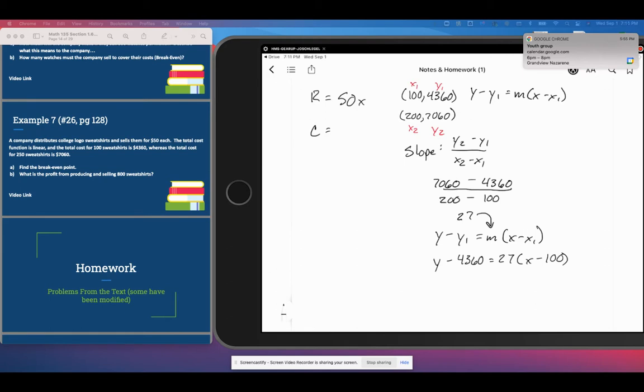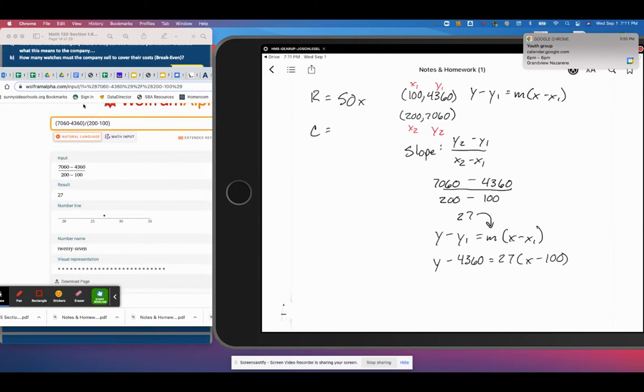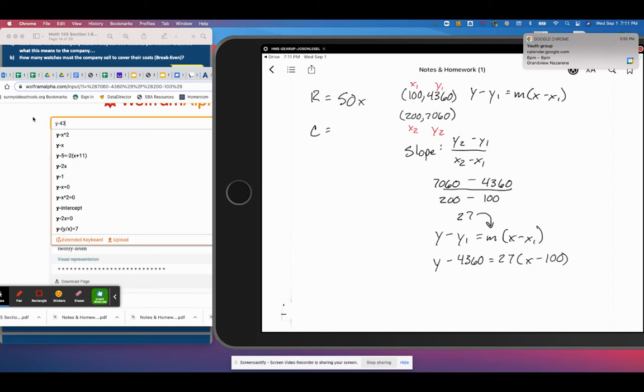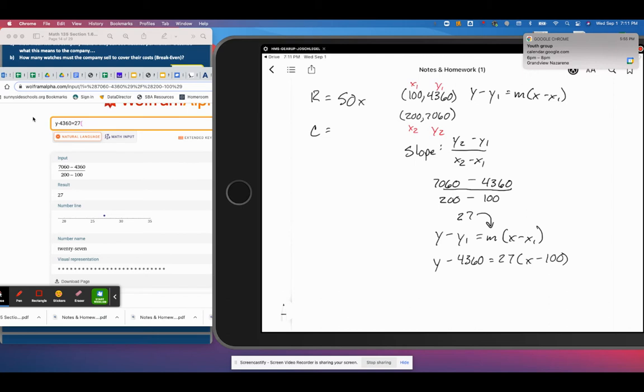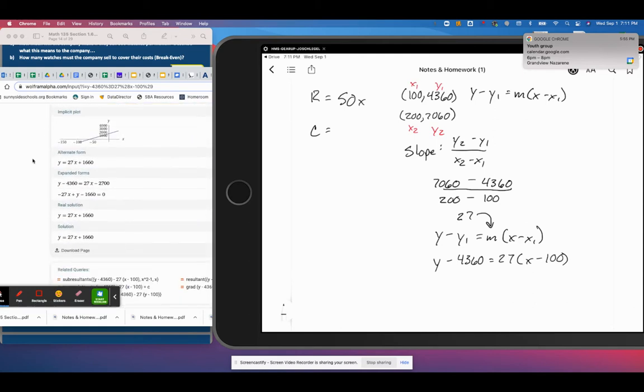That looks like a nasty cost function to me, and it is not something that I want to deal with. So I'm going to give that to Wolfram and choose an alternate form that I like.